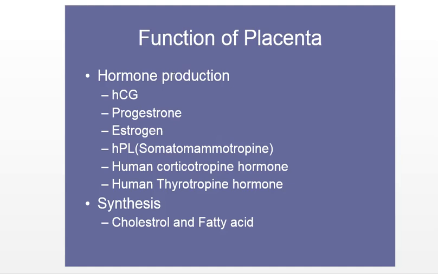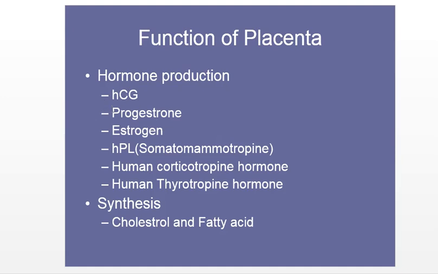This hormone, HCG, is excreted by the mother in the urine, and in the earliest stage of gestation its presence is used as an indicator of pregnancy.